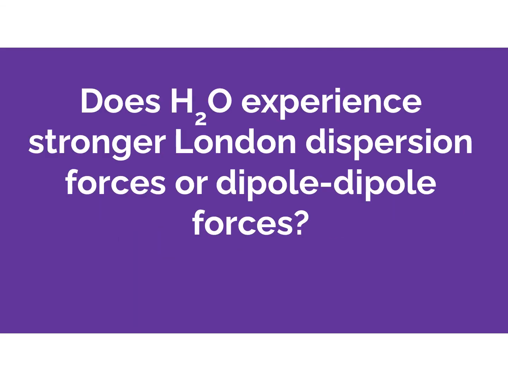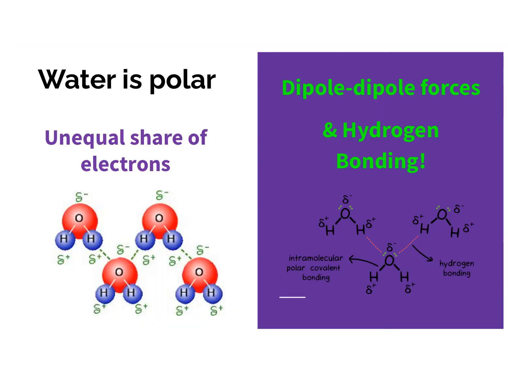Now go ahead and predict, does water experience stronger London dispersion forces or dipole-dipole forces? Dipole-dipole forces is our answer because water is polar, and this is experienced by polar molecules, which have an unequal share of electrons, like the oxygen, which is hogging all the negatives.